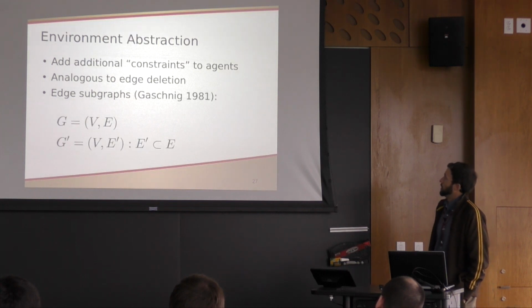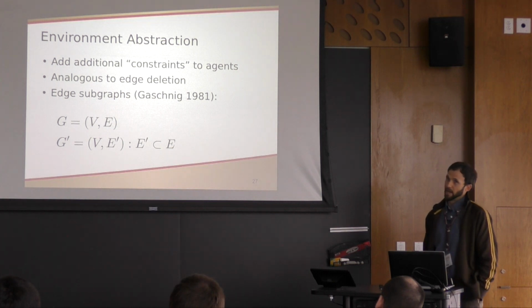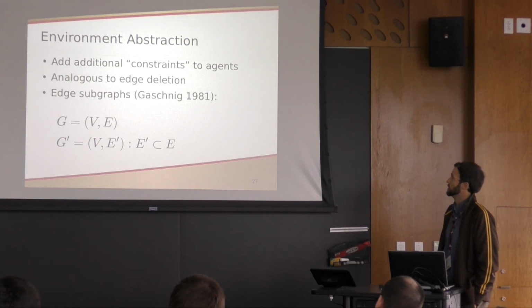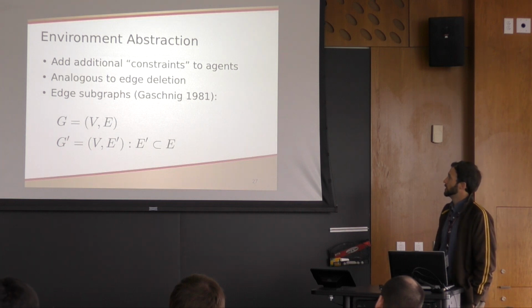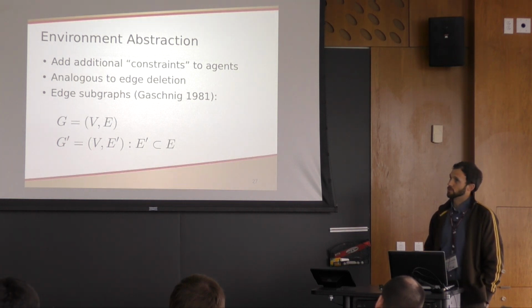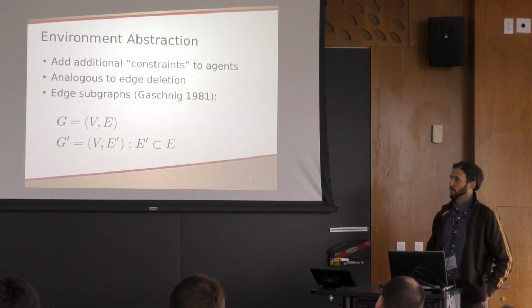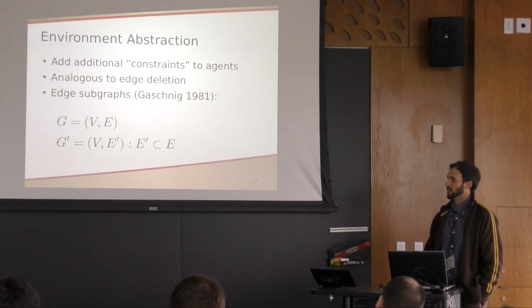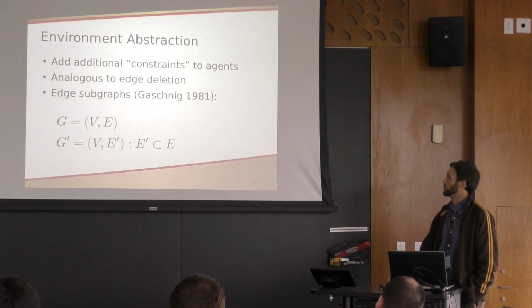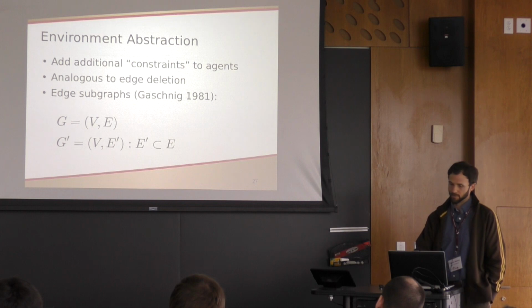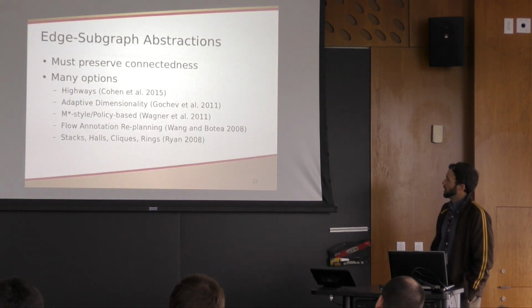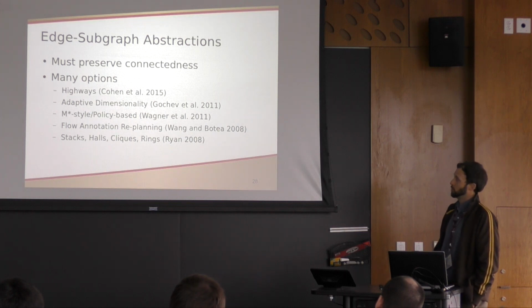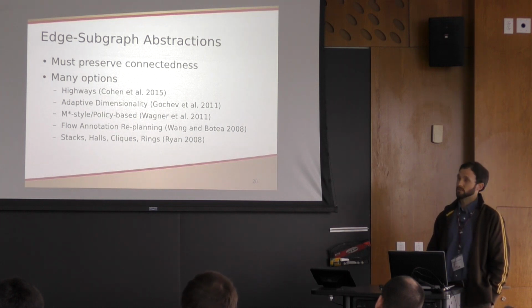Now, we created environment abstractions by adding additional constraints to the agents, and this is analogous to edge deletion. So basically, we're creating these edge subgraphs, and an edge subgraph is just taking away or deleting a subset of the edges from the original graph to create a new subgraph. When we create our edge subgraphs, we have to be careful to preserve the connectedness of the graph.